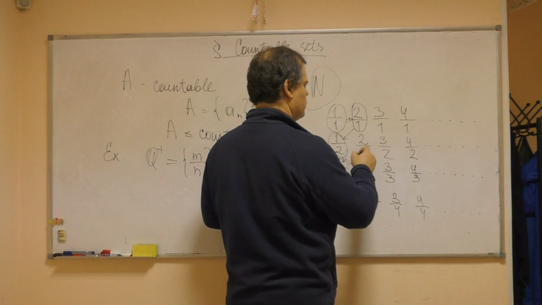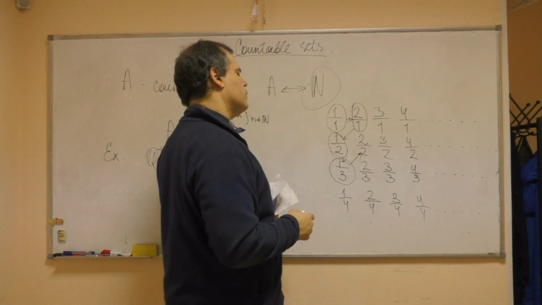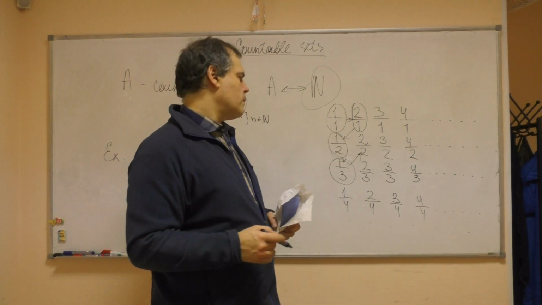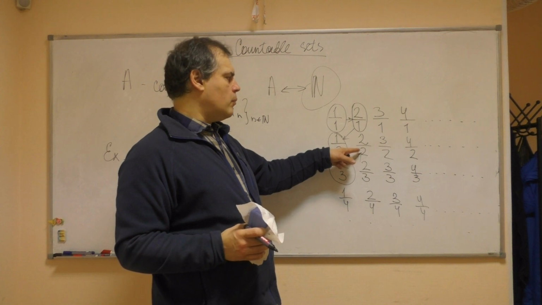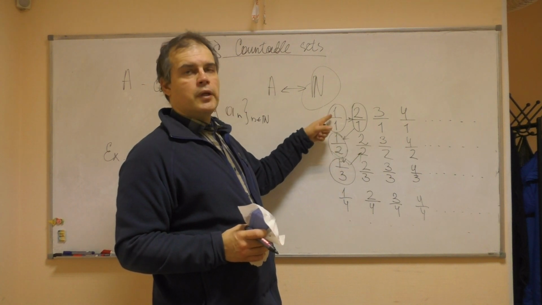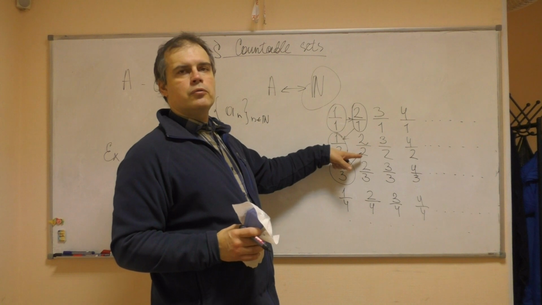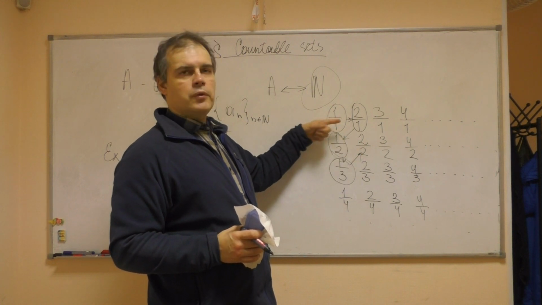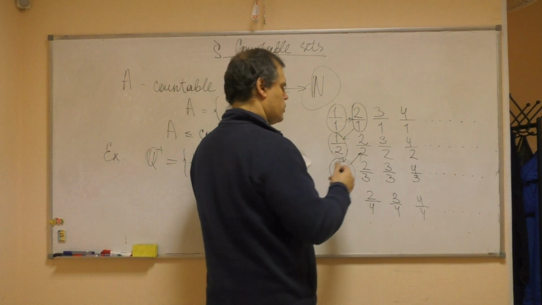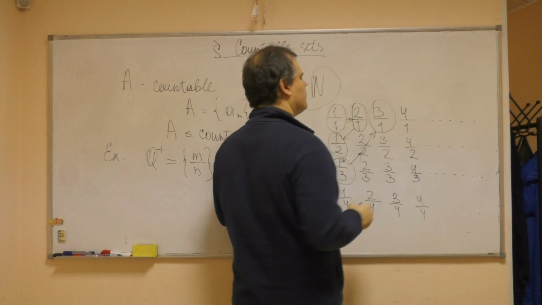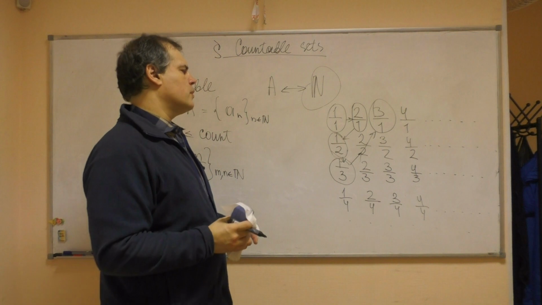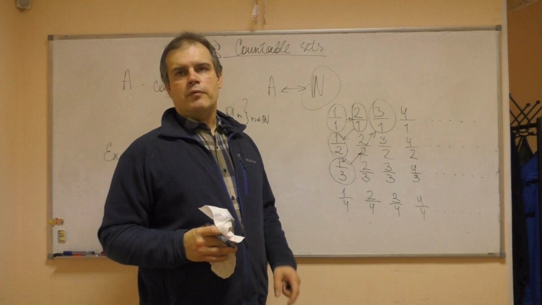Next move up right and to the right. And first we face a number that was already met. So 2 divided by 2 is obviously 1, and we already counted it. So we just pass it by and come here. So this is our next number, number 5 in this case.